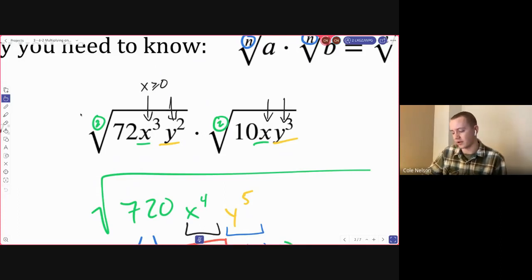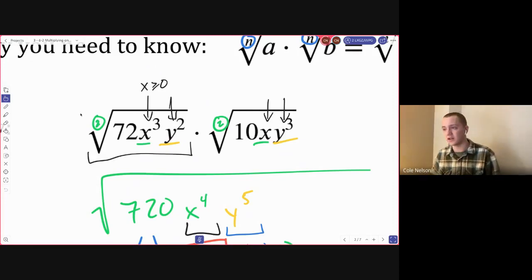X has to be greater than or equal to 0 here. Otherwise, I'm going to get an error because I'm going to have a negative number, because a negative number cubed is still negative. So this part isn't defined unless x is positive or non-negative, I guess. It could be 0. Same thing here. Y has to be greater than or equal to 0 here.